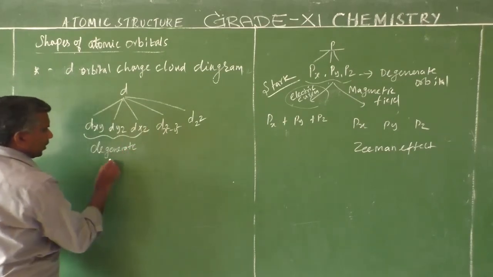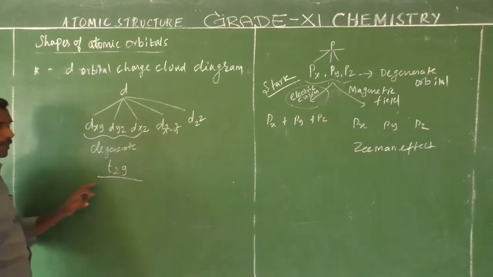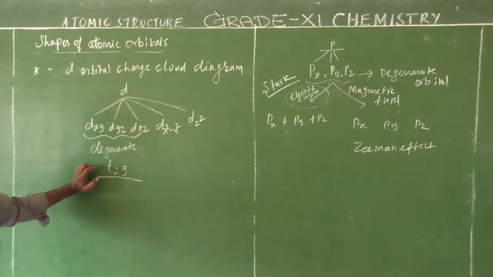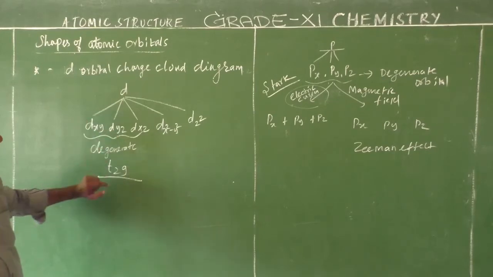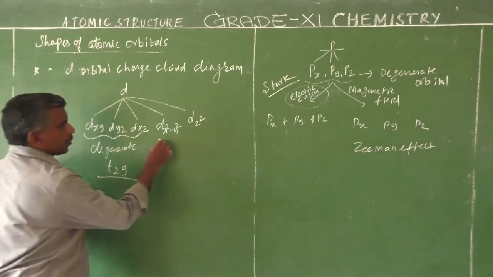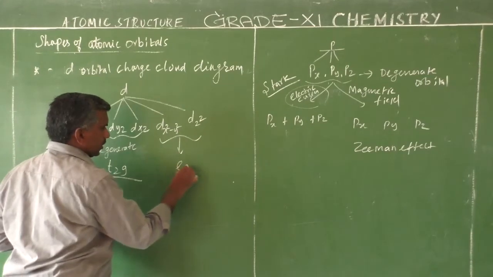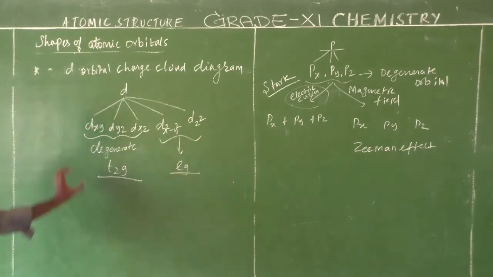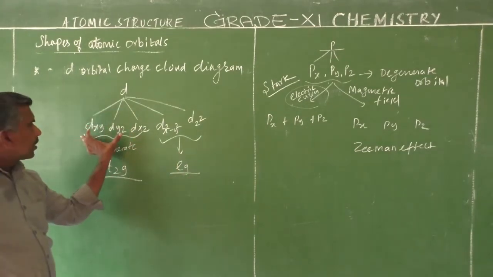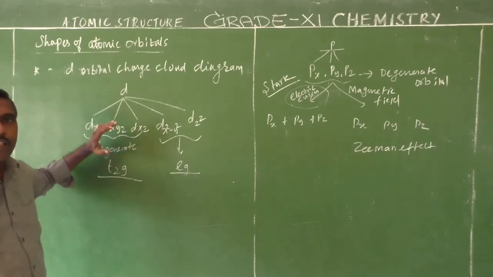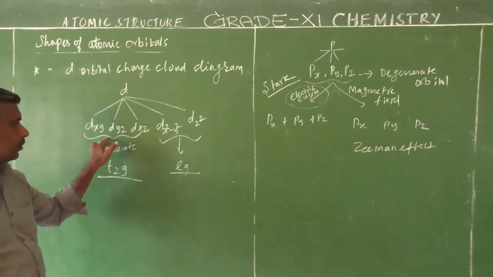This is also the T2g orbital. In the previous class we learned about T2g orbitals, in 12th level we studied these 3 orbitals as T2g. These 2 orbitals are Eg orbitals. In the 3 orbitals, the lobes lie in between the axes.